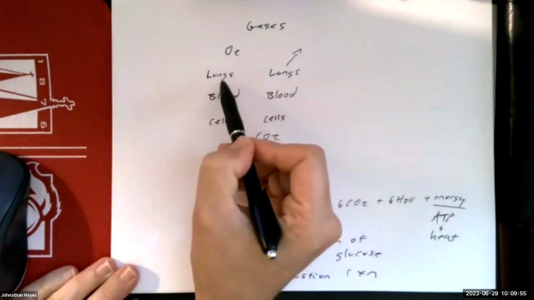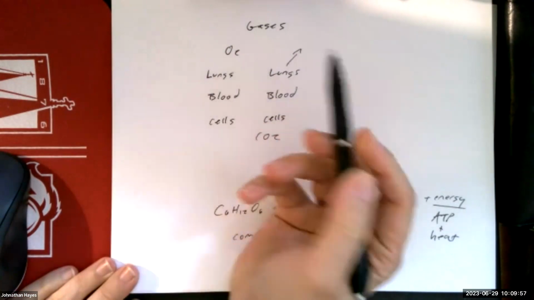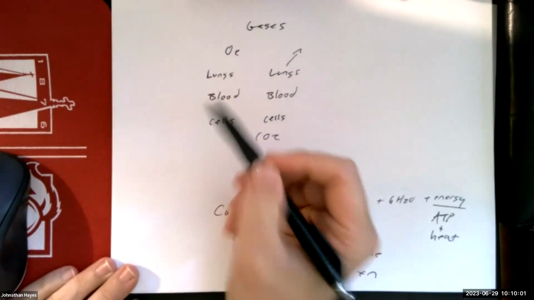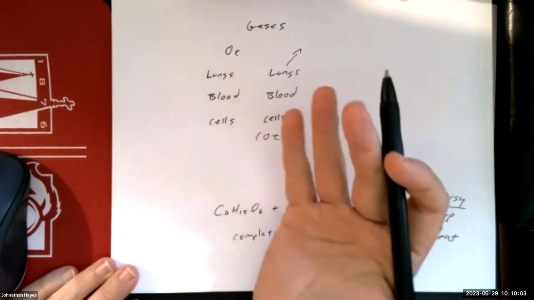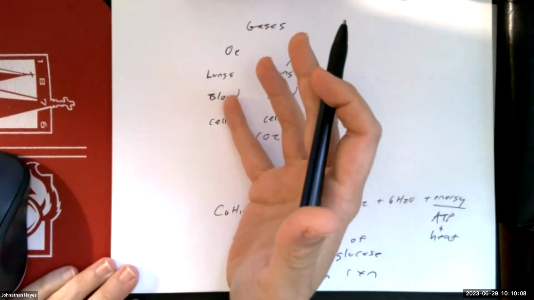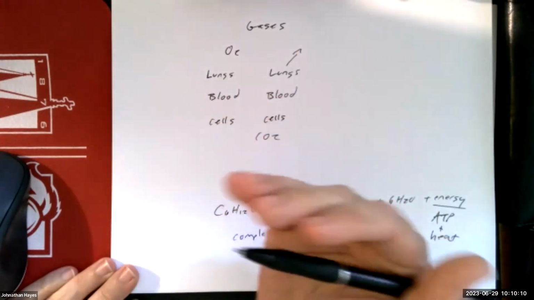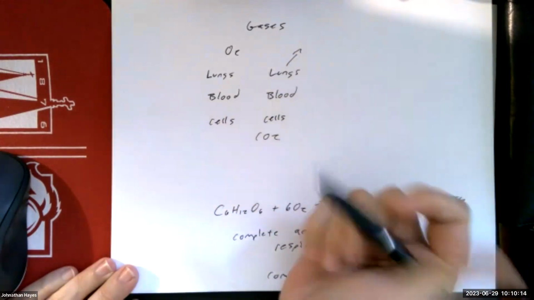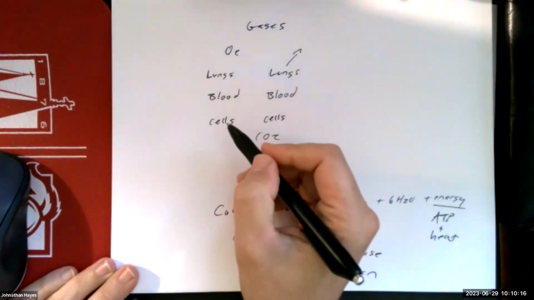It's not just the lungs breathing, right? Respiration also talks about the blood transporting, right? If you don't have pulmonary circulation, how are we going to get that oxygen from the lungs to the blood, right? And then if you don't have proper hemoglobin, or if you don't have enough hemoglobin, how are we going to transport that oxygen in the blood to the cells, right?